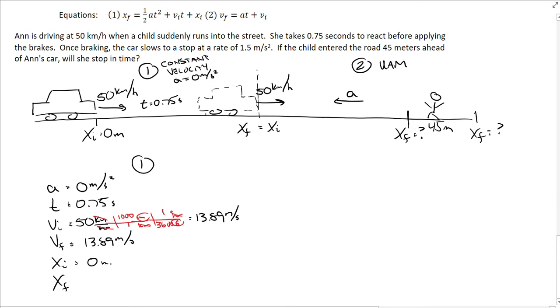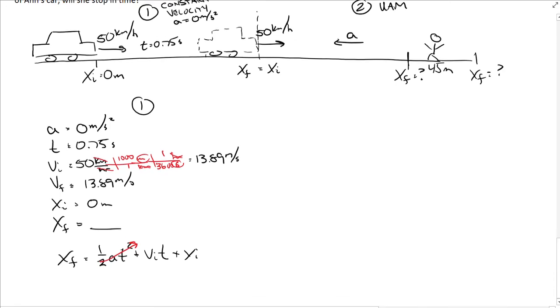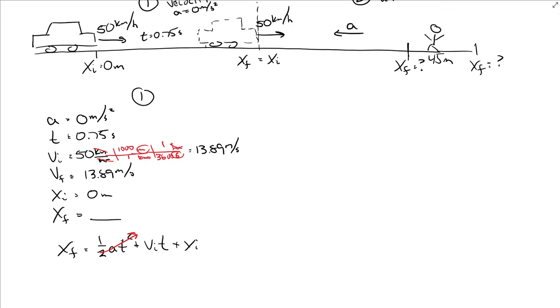It starts at some position and it's going to finish somewhere. Again, the only thing we don't know right now is x final. Since it's constant velocity, we only have one equation for x final. Technically, you have 1/2 a t squared plus v initial t plus x initial, but because a is 0, that goes away and it becomes a simple linear equation, and I can plug right in.